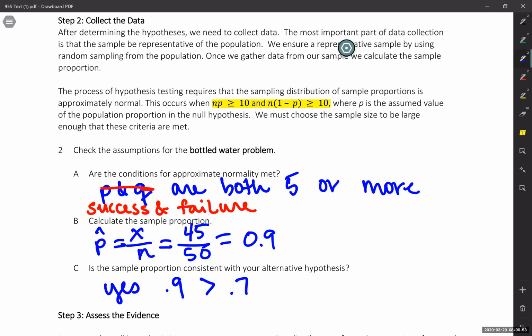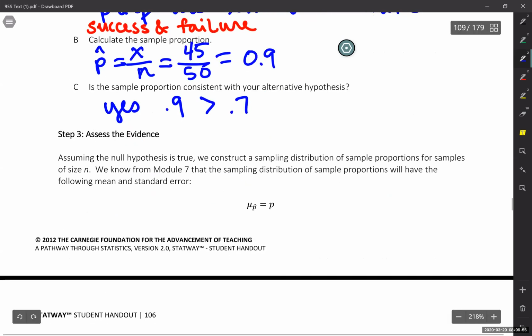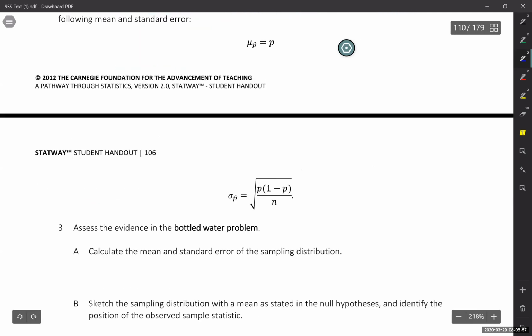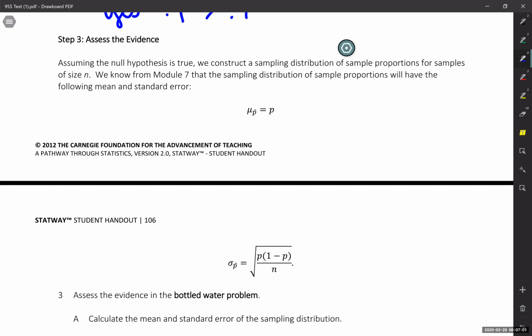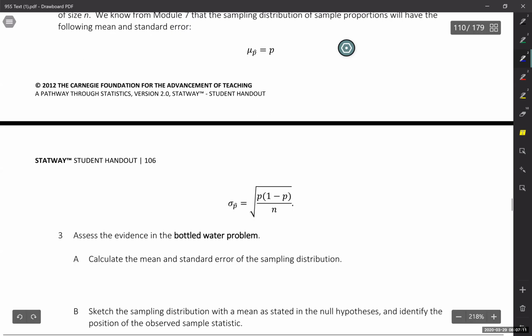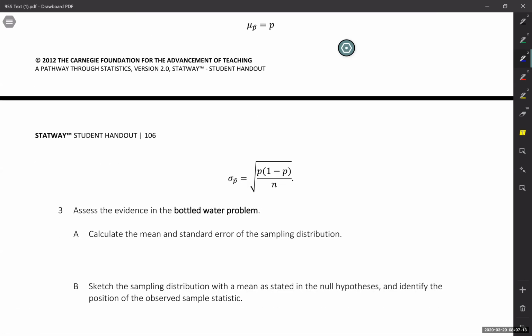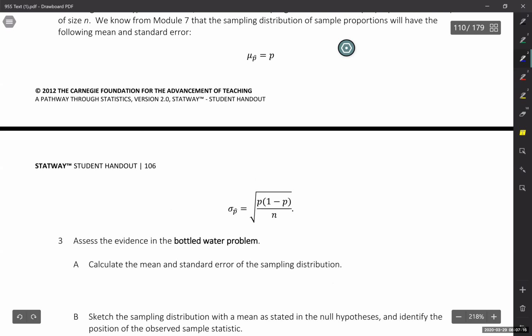Okay, so now we want to calculate our variables for solving this problem. And this part, you are welcome to work through in detail, but we do put this all together when we are calculating Z, which shows up in part C. So this is just piecemealing the problem. And I don't really like calling them mean and standard error.